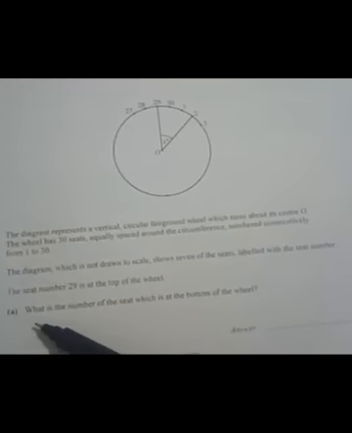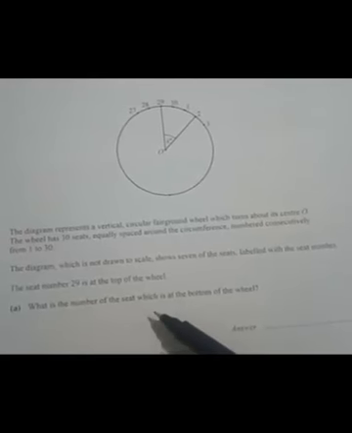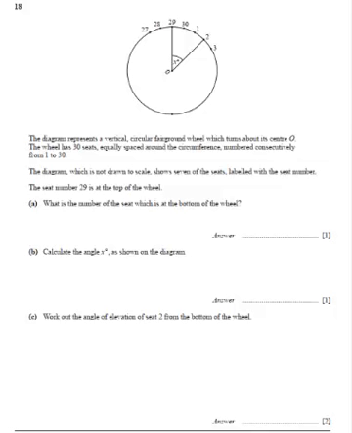The first part of the question is, what is the number of the seat which is at the bottom of the wheel? This is a 1 mark question. Let's see how to solve this. For my own convenience, I have drawn this line here.